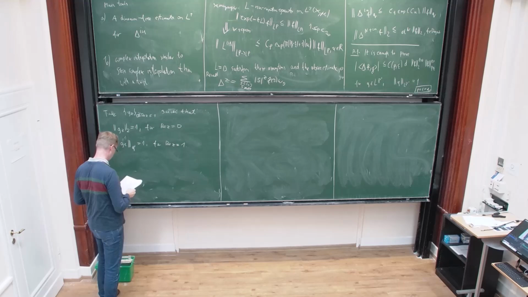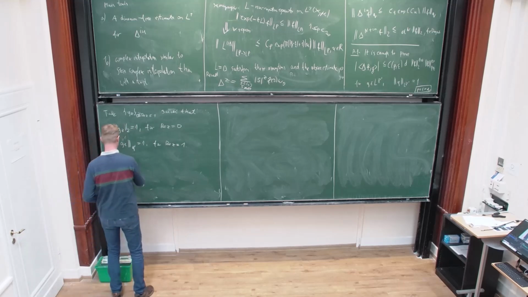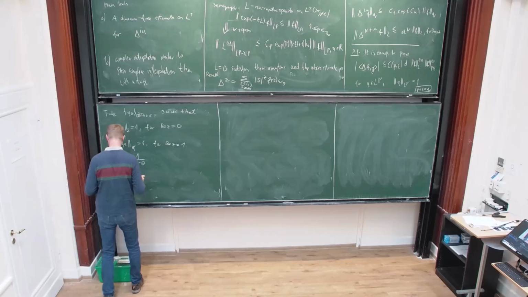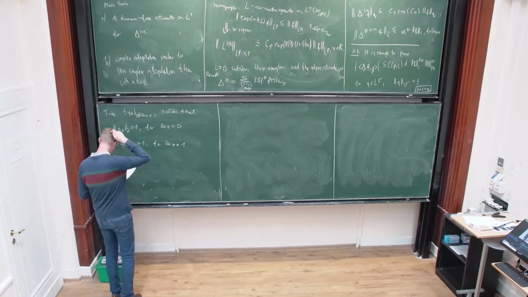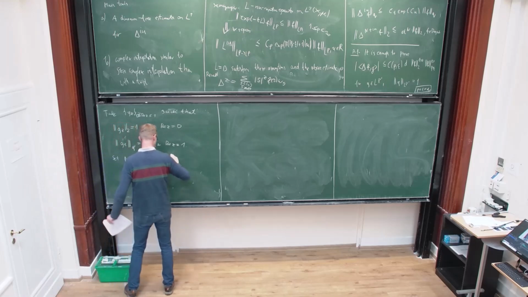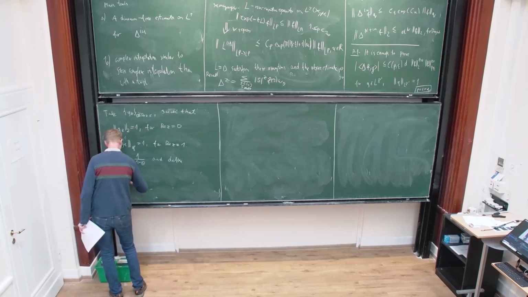Okay, and now I'm writing one more notation. So I set n to be equal to 1 over 1 minus theta. Okay, and I define phi of z to be the following holomorphic function.